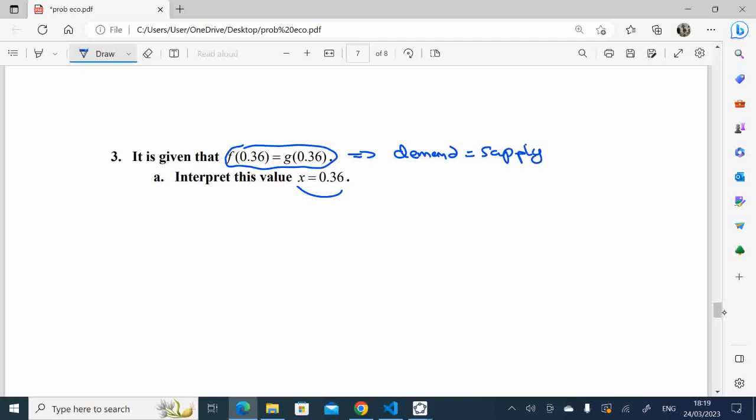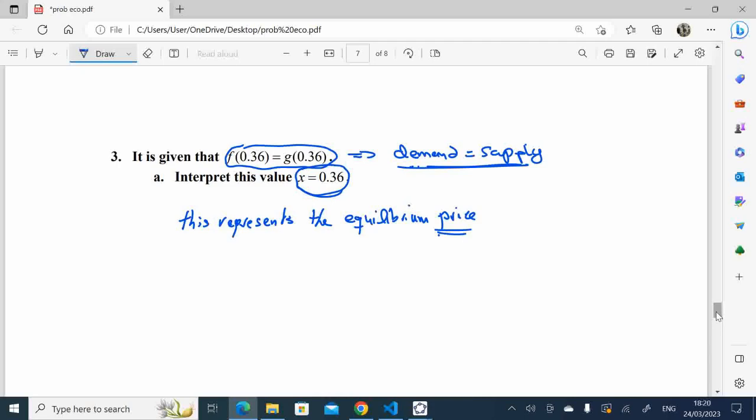For this value of x, x represents unit price, so this represents the equilibrium price, right? Because the point where demand equals supply is the equilibrium point. So x equals 0.36 represents the equilibrium price because x represents price.